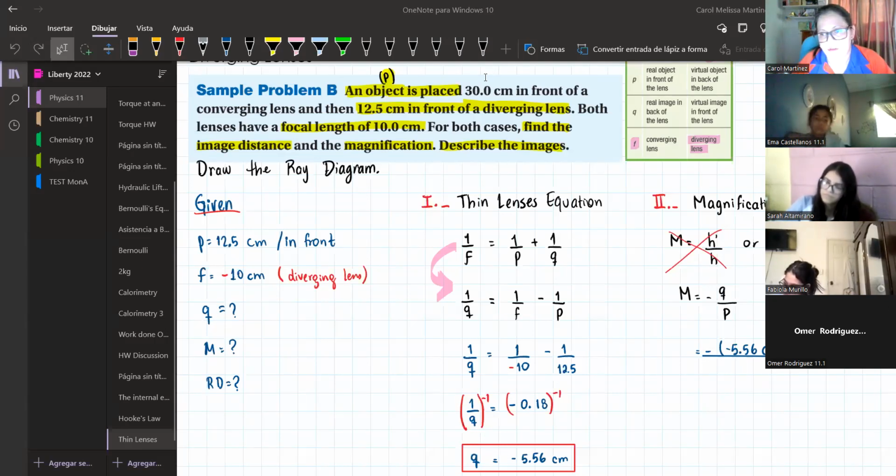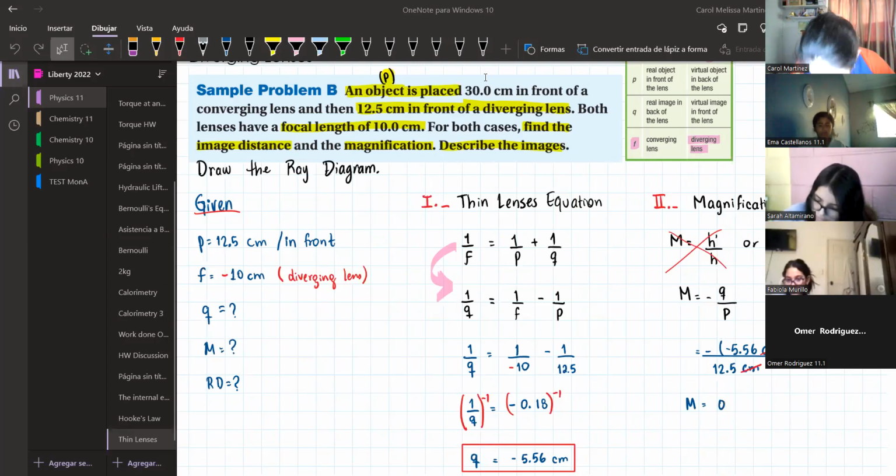Centimeters and centimeters are gone. So how much is this magnification? 0.44. Positive 0.44. So magnification equals positive 0.44.